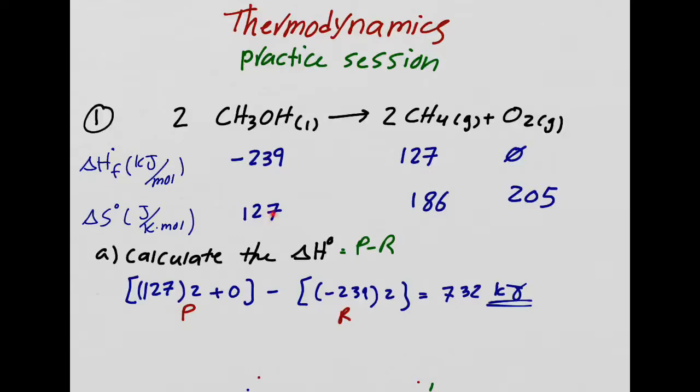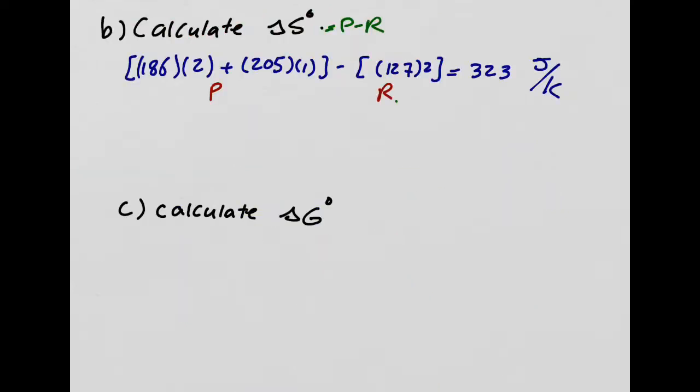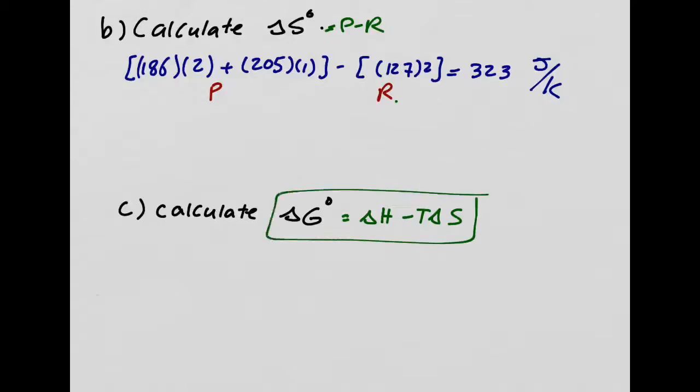If I give you all the delta G values, you can figure it out by doing product minus reactant, how we figured out delta H and delta S. But if I don't have that, another way to do this is by using the Gibbs free energy equation, delta G equals delta H minus T delta S. Basically what this equation does is look at the relationship between delta H and delta S to figure out if a reaction is going to happen or not.